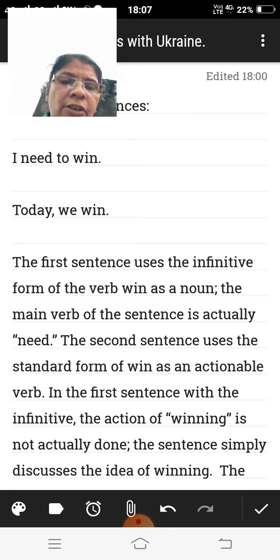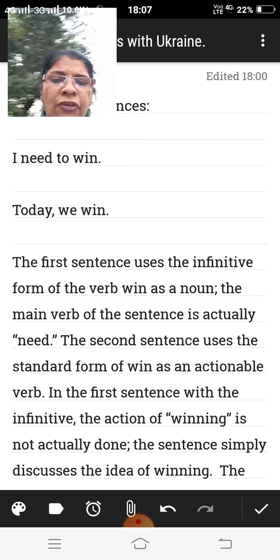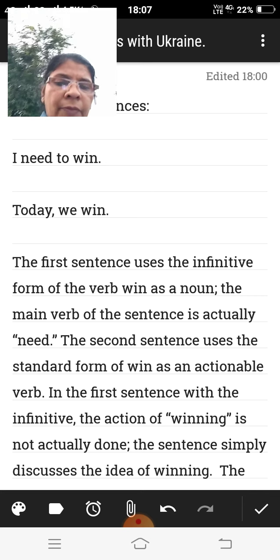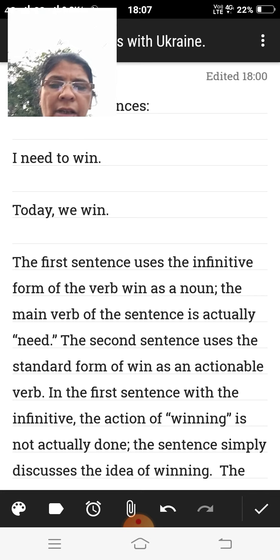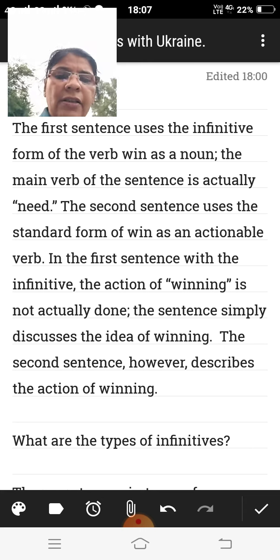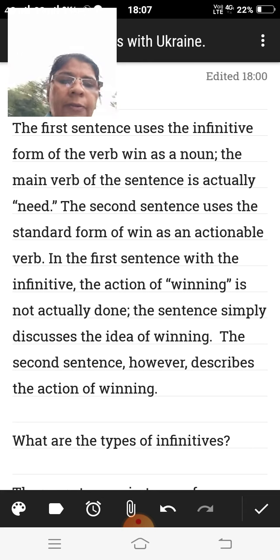The second sentence uses the standard form of win as an actionable verb. In the first sentence with the infinitive, the action of winning is not actually done. The sentence simply discusses the idea of winning. The second sentence, however, describes the action of winning.